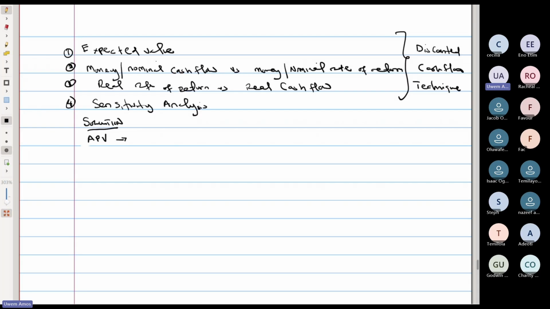So when you have a question that gives you details around issue cost, subsidized loans, which is also referred to as government grant. And sometimes too, it gives you details around other sources of finance.